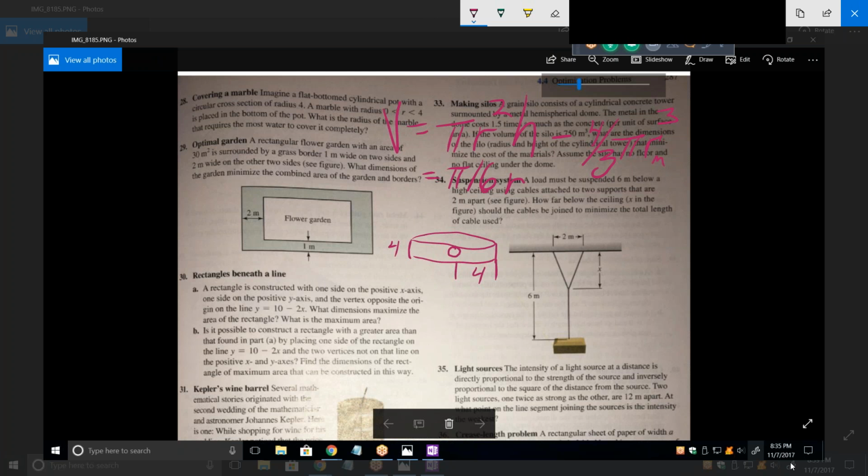Wait, what? The height of the cylinder, or the volume of the water required to cover the marble, has to have a height of 2r.